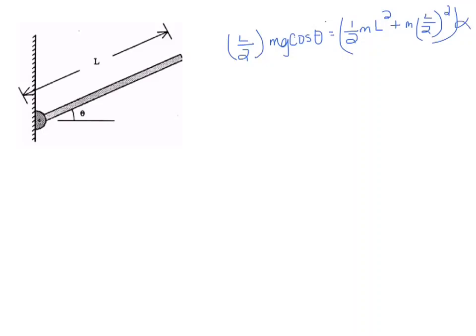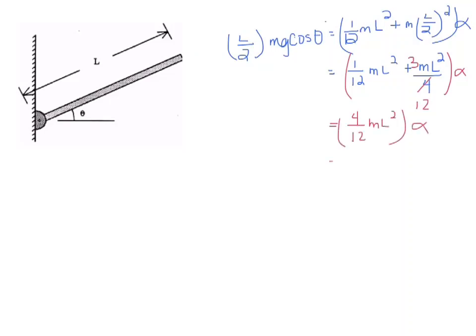Now if we simplify this right-hand side, we get 1/12 mL squared plus mL squared over 4. Finding a common denominator, we get 4/12 mL squared, or 1/3 mL squared.